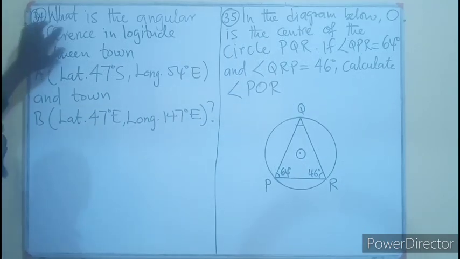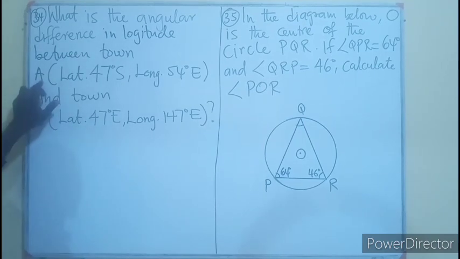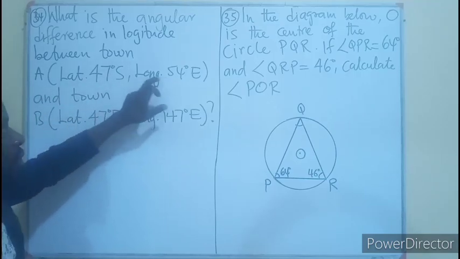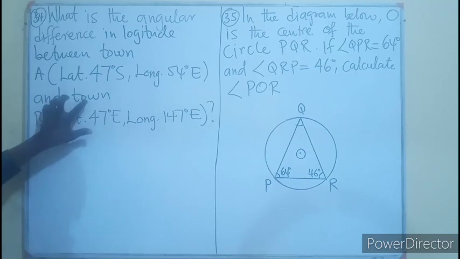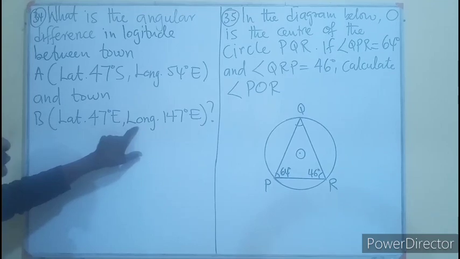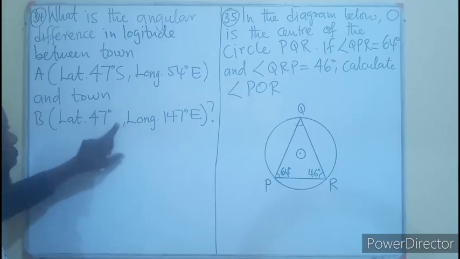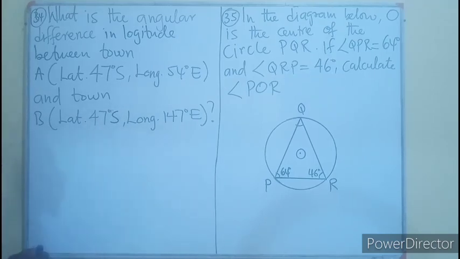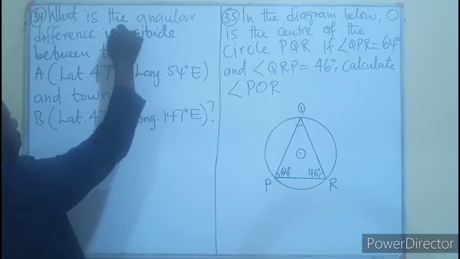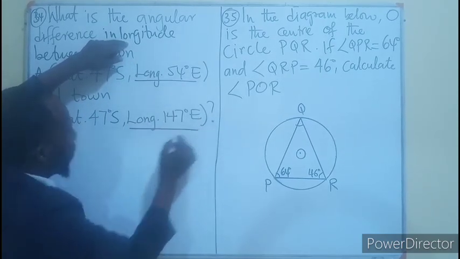Question 34. What is the angular difference in longitude between town A with latitude 47 degrees south, longitude 54 degrees east, and town B of latitude 47 degrees south and longitude 147 degrees east? The question is asking for angular difference in longitude. So we are only concerned about the longitude, not the latitude.